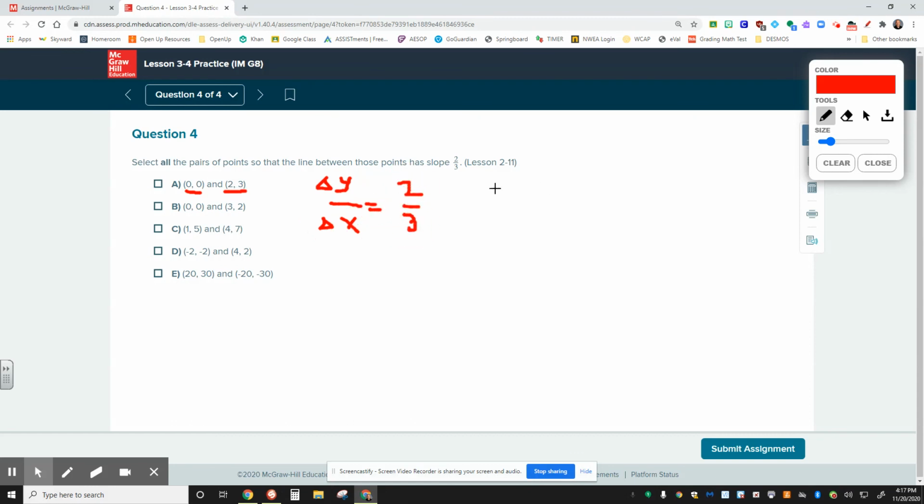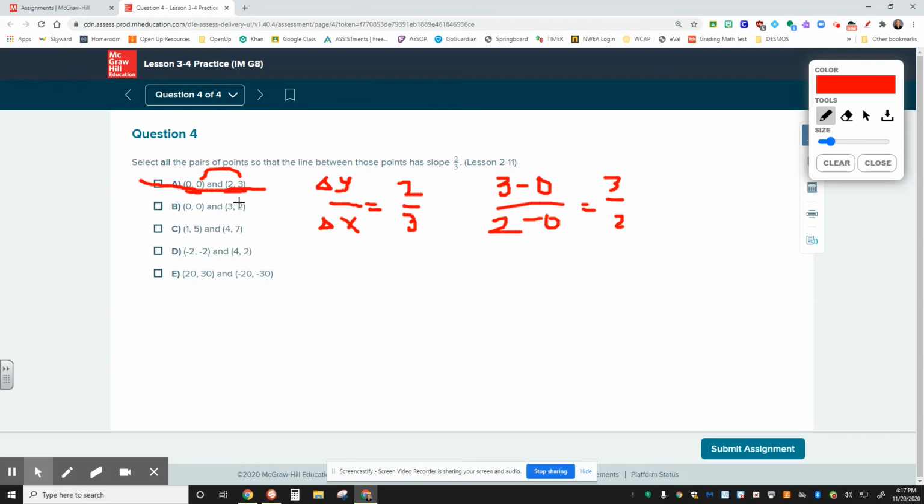So I have to go like this, and I have to take the y, 3 minus 0, divided by 2 minus 0 equals 3/2. While it looked good from the very beginning, it is not going to have a slope of 2/3.